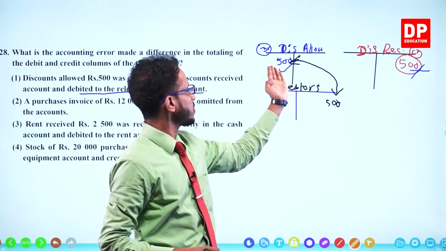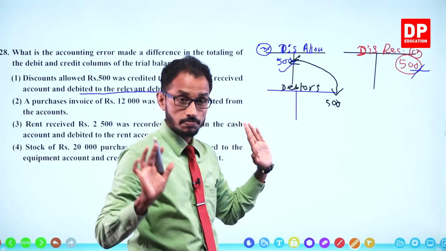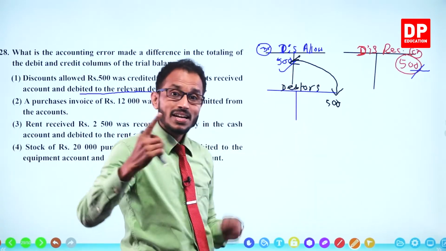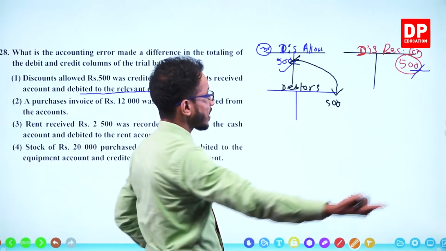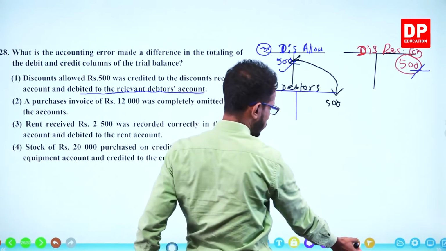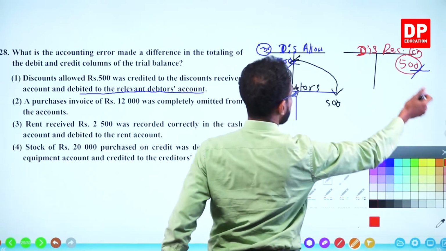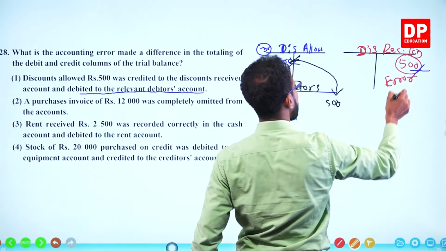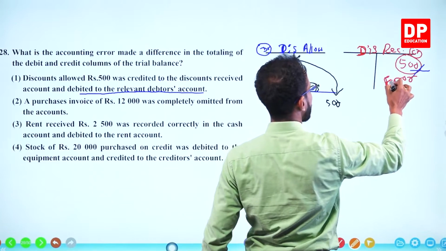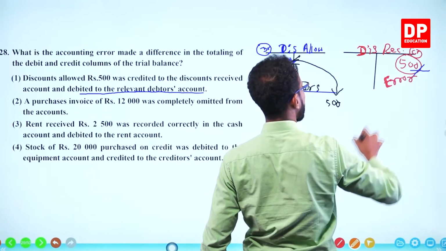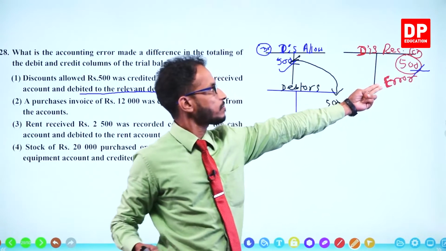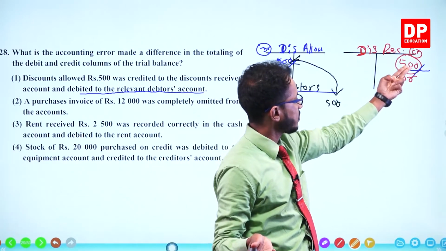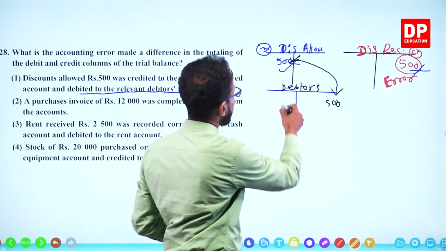Discounts allowed should be debited, debtors account should be credited. This is the double entry. Now it is balanced. But what is the error that has happened? The error is in the discounts received account, credited, but debited to the debtors account.